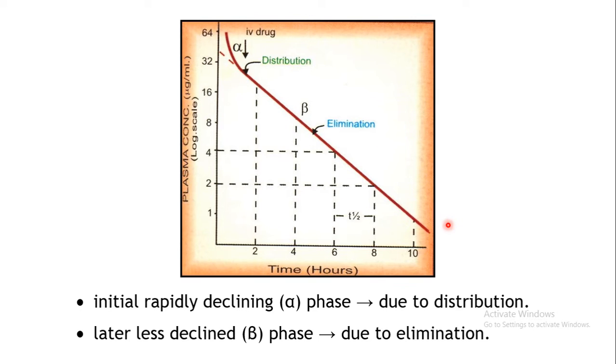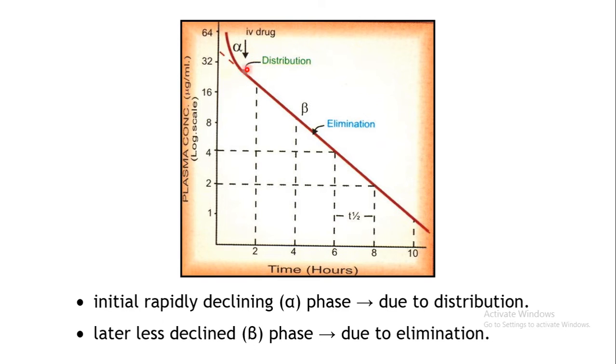Now why it is getting reduced is because once your drug is in your systemic circulation, will it remain in your blood? No, your blood will carry it throughout the body. So it may get distributed throughout your body. It will enter into your tissues and other body fluids, they will take up your drug, right?